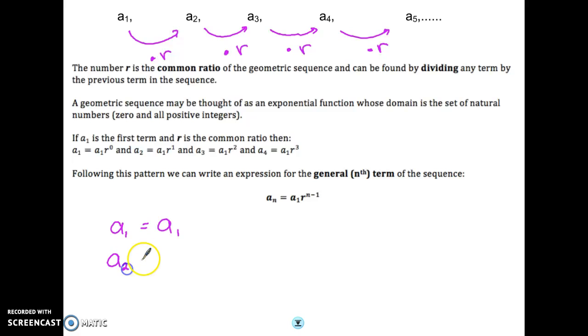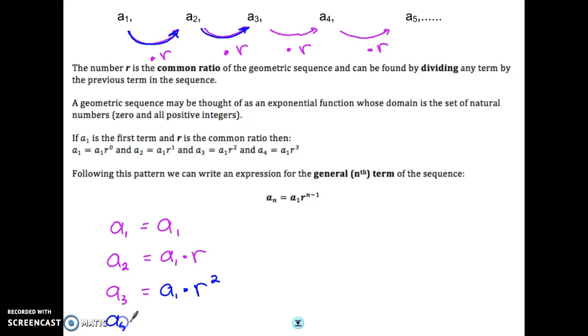Clearly, the first term is just the first term. To get to the second term, we take the first term and we multiply it by the common ratio. To get to the third term, if we start at the first term, we actually multiply by the common ratio twice. So it's a1 times r times r, which is really r squared.